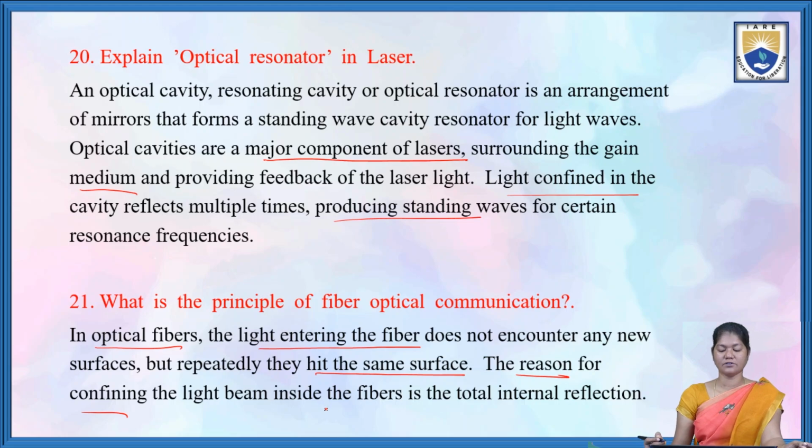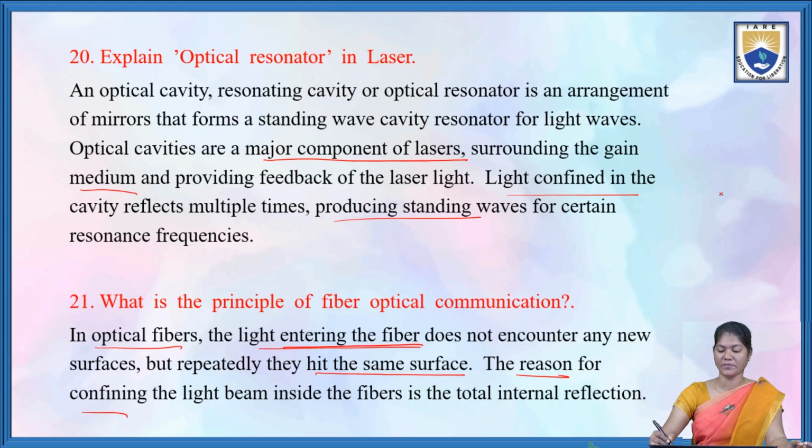So, the principle of fiber optical communication is that the light entering the fiber does not encounter any new surfaces, but repeatedly hits the same surface because it encounters total internal reflection.